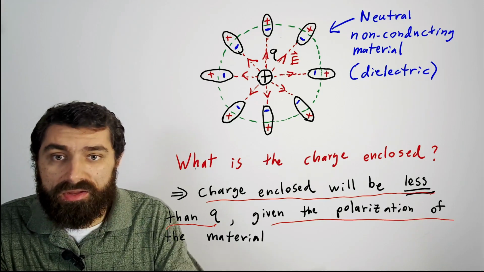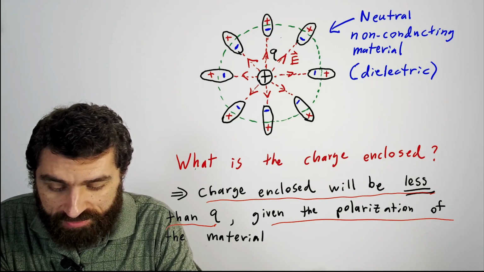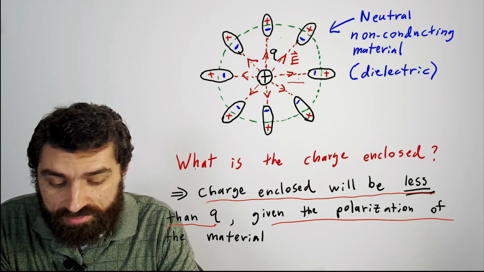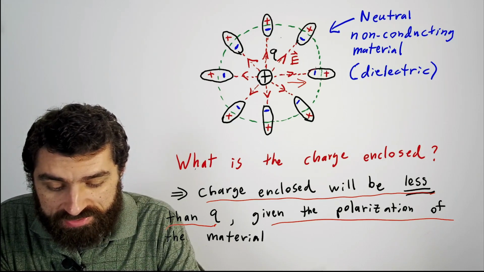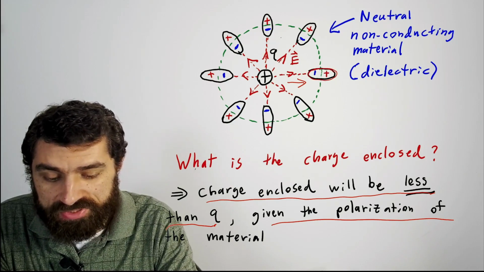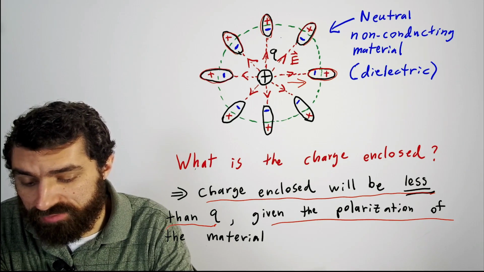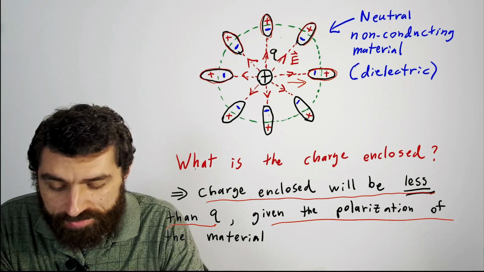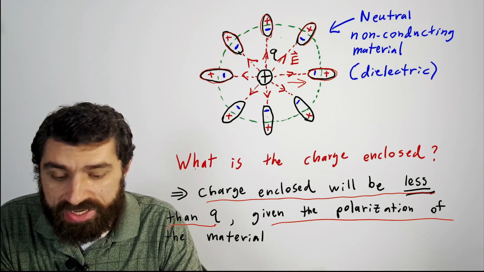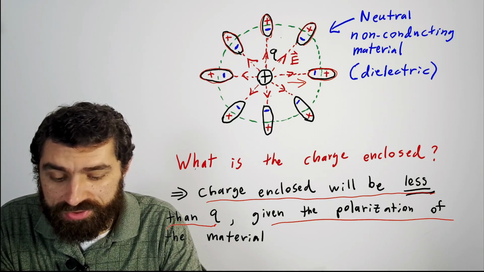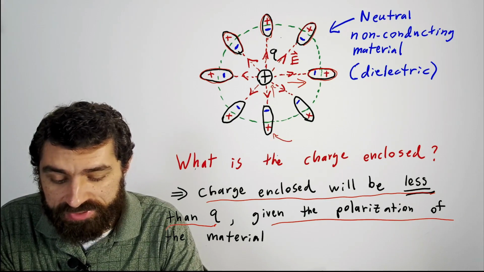And here's why. Notice that if an electric field is applied from the point charge, these atoms and molecules will align themselves radially, in line with the electric field. That makes sense, right? The negative end is going to be attracted to the positive charge in the center, and then the positive end will go on the outside.